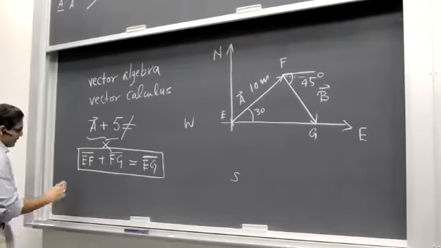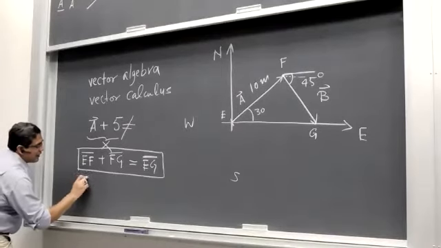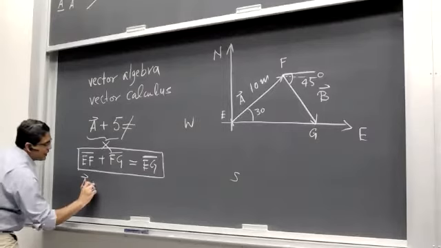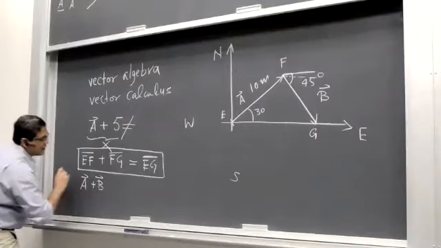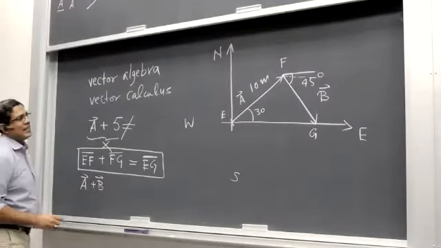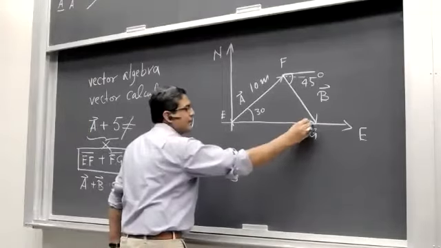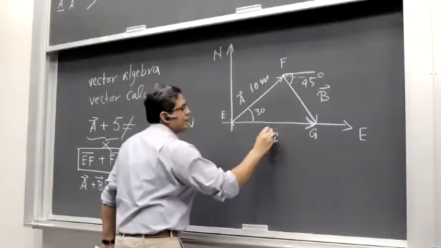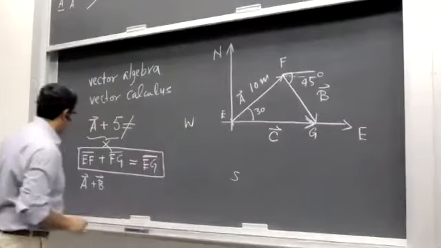But if I add the vectors A, which represents the first segment, and vector B, which represents the second segment, what I get is vector C. All right.